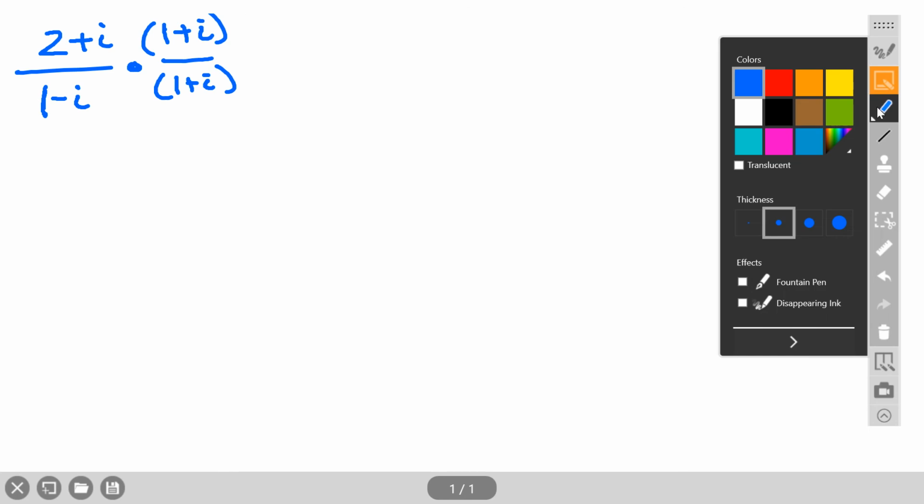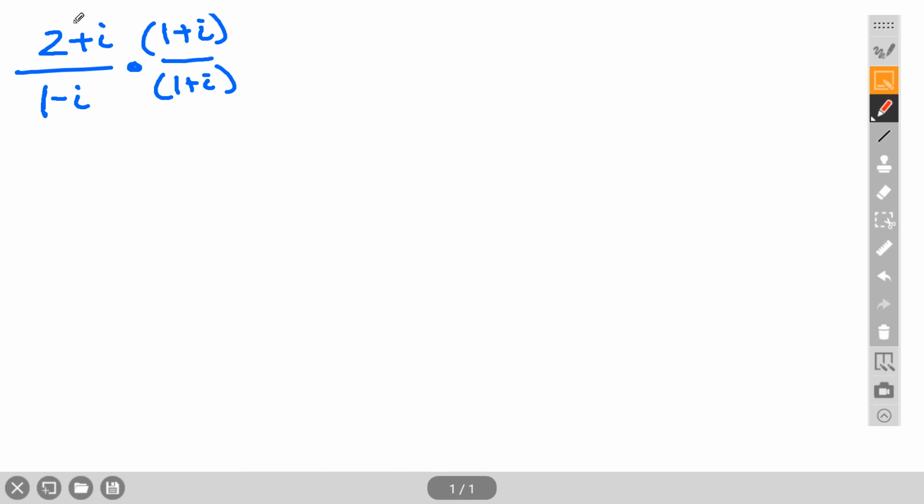I'm going to use the distributive property. So the 2 gets distributed, the i gets distributed. So 2 times 1 is 2, 2 times i is 2i, i times 1 is i, and i times i is i squared.